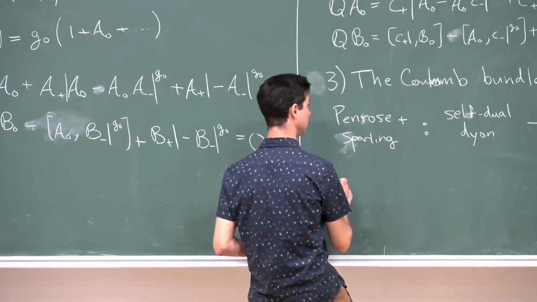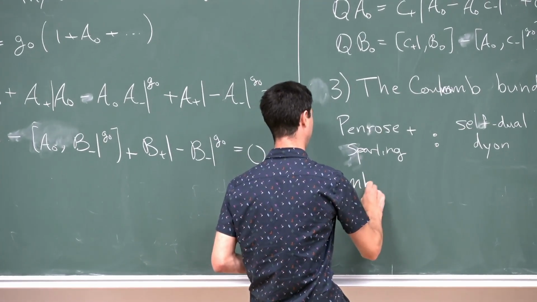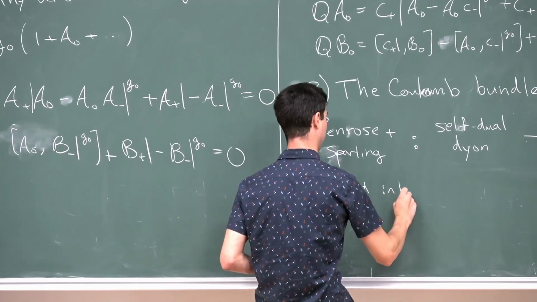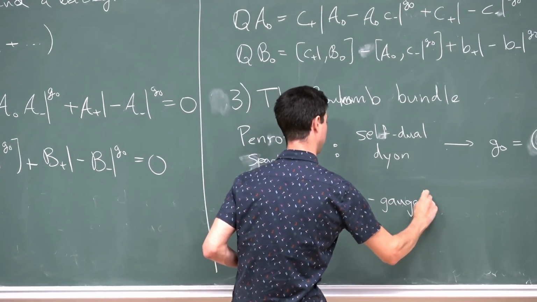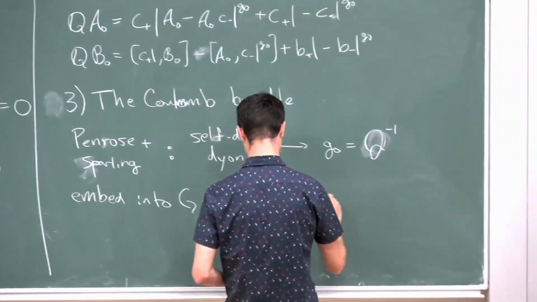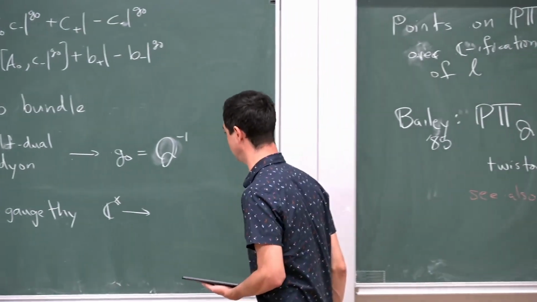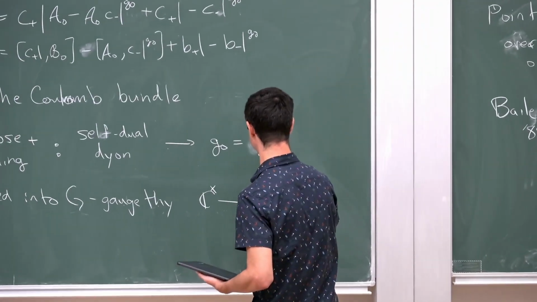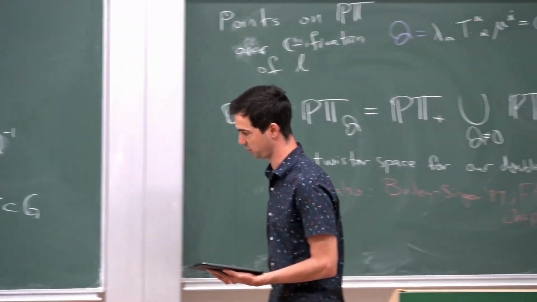And we can take this abelian field configuration and embed it into G-gauge theory in the usual way by taking C star or U1 and embedding it inside our favorite maximal torus of our gauge group G.